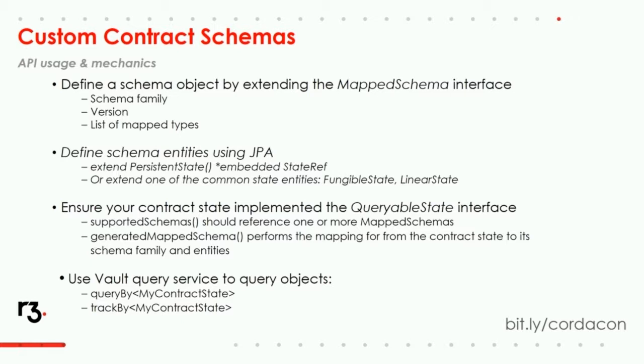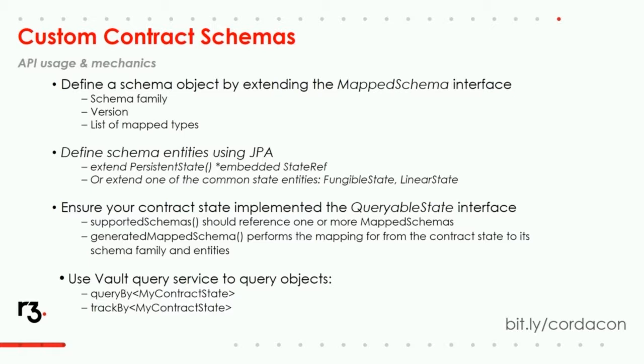Once you've defined your JPA entities and registered them with a schema object, then in your contract state, you have to implement the queryable state interface. That just tells the contract what schemas it needs to work with. And then the most important method is you have to implement the generate mapped object method.